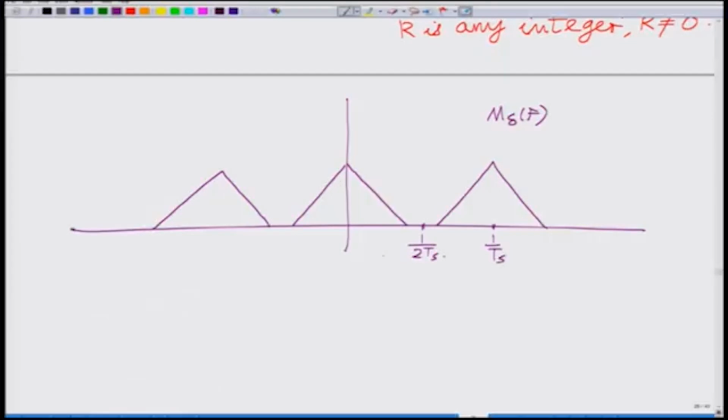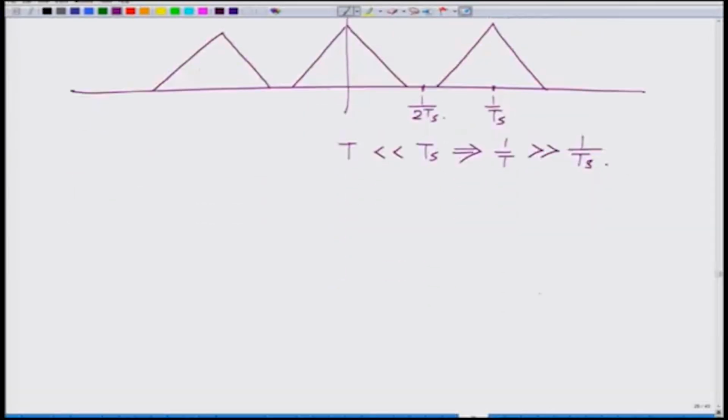Okay. And now we have t much less than Ts, which implies 1 over t is much greater than 1 over Ts, and therefore the first zero of the pulse filter will lie much beyond 1 over Ts.